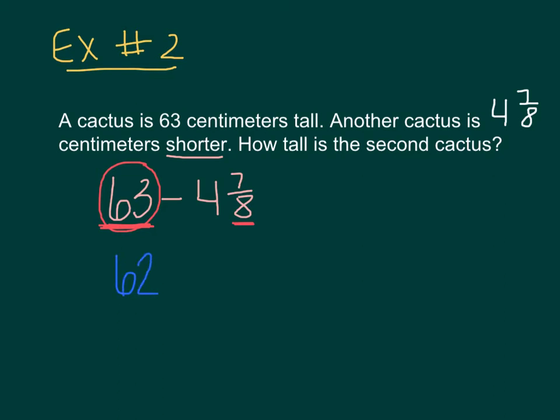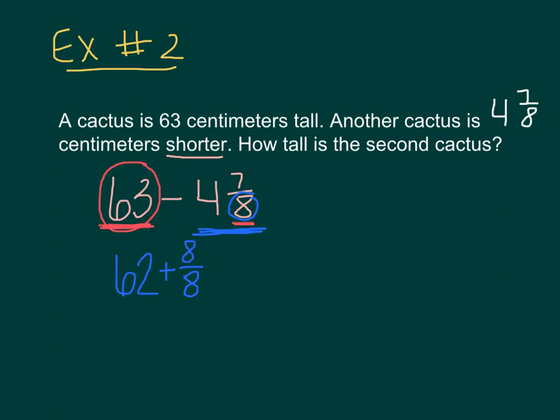But we can't just get rid of a number. So what we're going to do is add it back as a fraction. And the way we figure out this fraction is by looking at our second number. We look at our denominator, which is 8. So that becomes our new denominator. And whenever you have a fraction and you're trying to make it a whole, it has to have the same numerator and denominator.